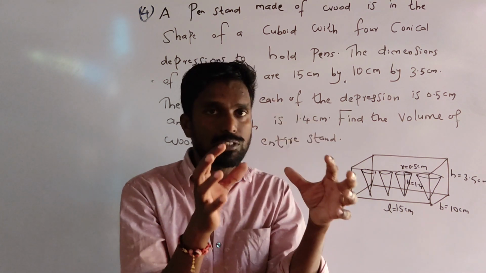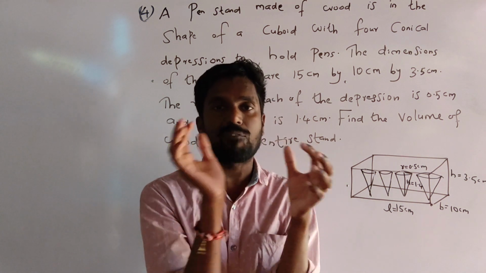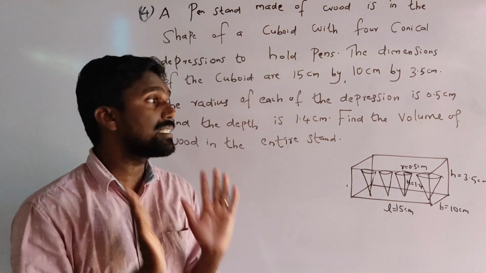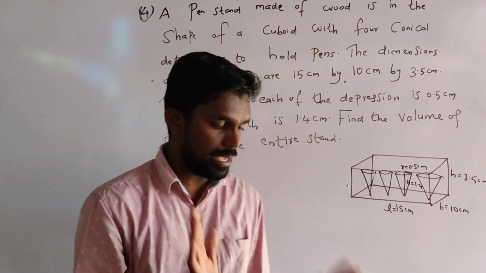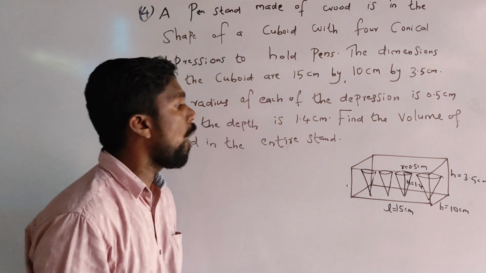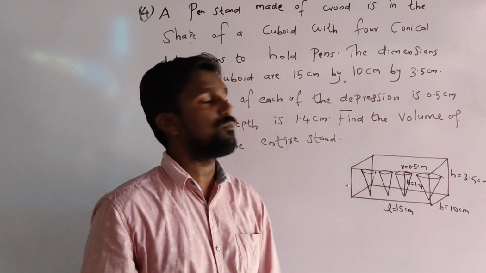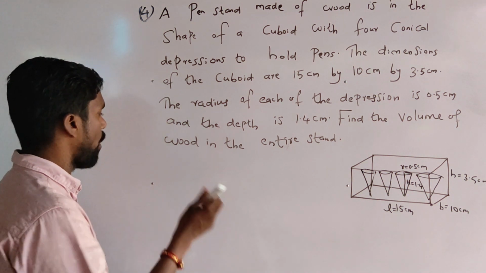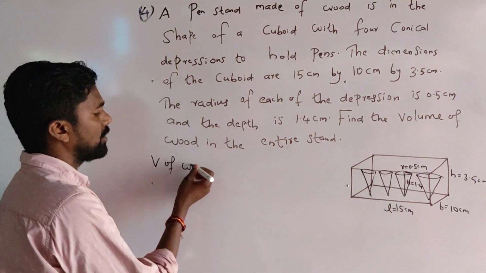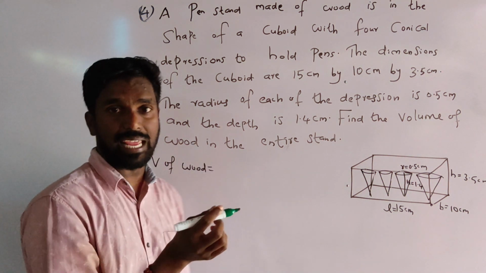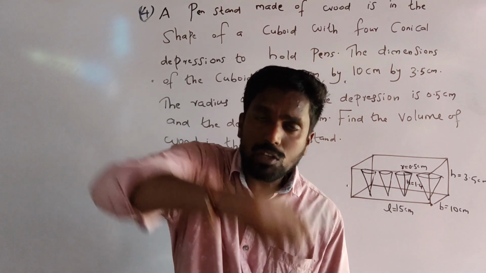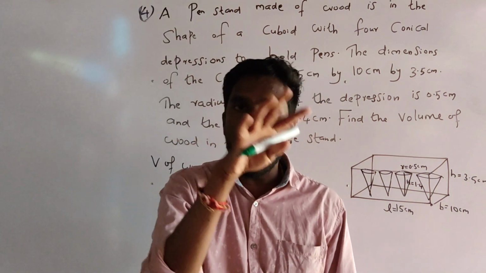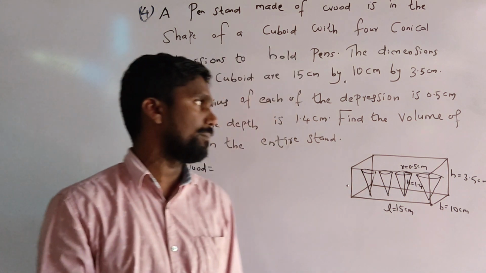So whichever parts you can see with your eye, all that surface area you have to add. This is not surface area, it is volume. They are asking to find out volume of wood. After taking 4 conical depressions, what is the wood volume?